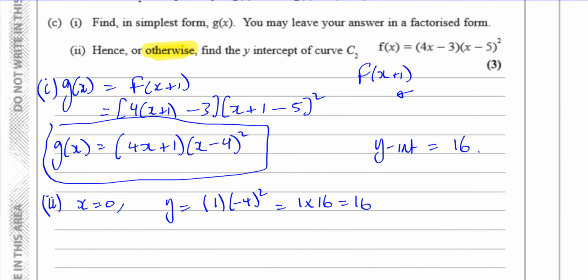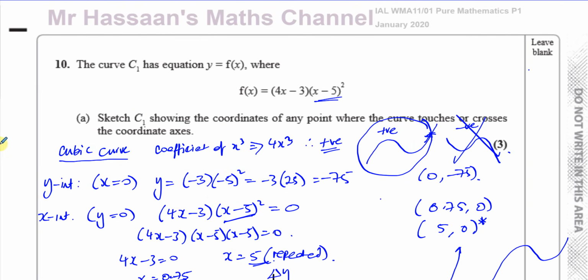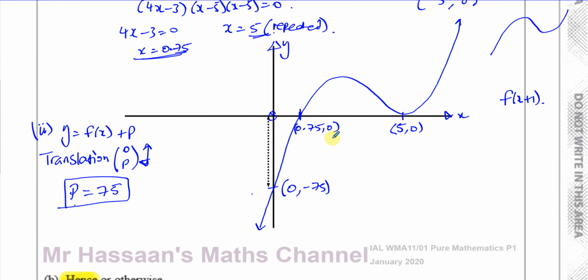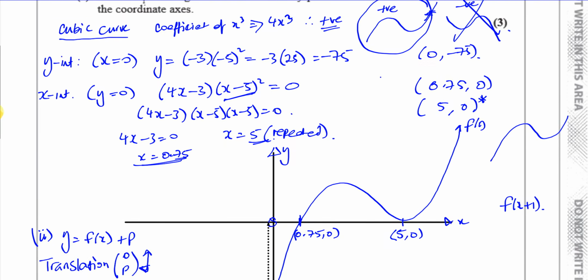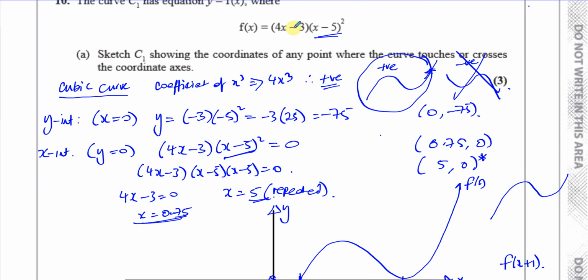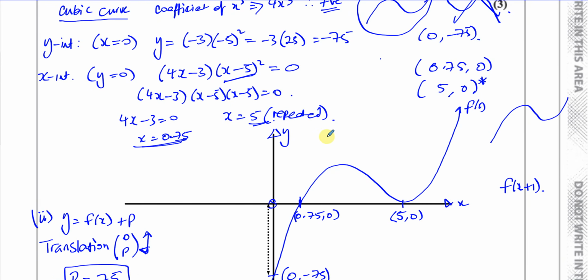So if you worked out what the value of y was when x equals 1 in this original function, which is y equals f of x, let's see what it will give you. You're going to have 4 times 1, which is 4, minus 3, which is 1, and you have 1 minus 4, so you have 1 minus 4 squared. That's going to give you 16. So this will go through the point 1, 16. When x equals 1, y equals 16.